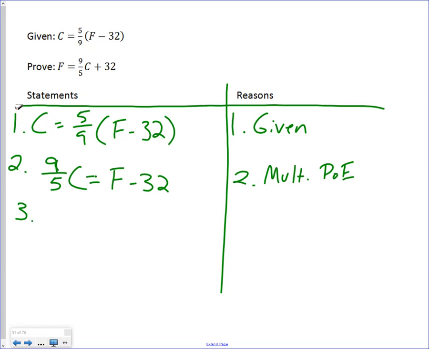What would we do next? If we multiply by 5, we'd be going backwards, but I agree with adding 32 to both sides. What do we get if we add 32 to both sides? Nine-fifths C plus 32 equals F. What property did we use?